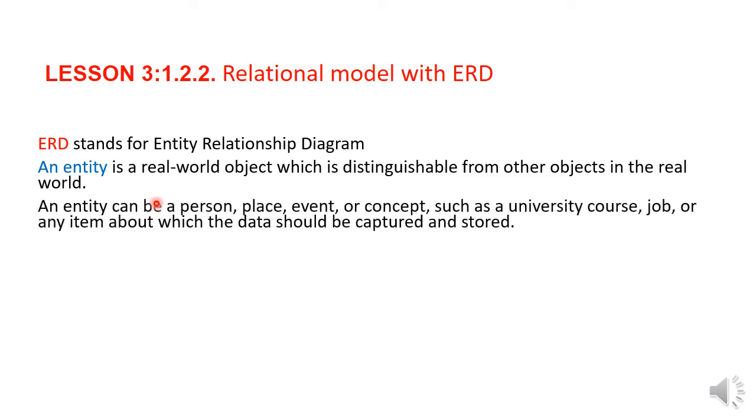An entity can be a person, a place, an event, etc. Here we have some examples, like a university course, or a job; you know that there are so many types of jobs, and so on. So an entity refers to any item about which data should be captured and stored.